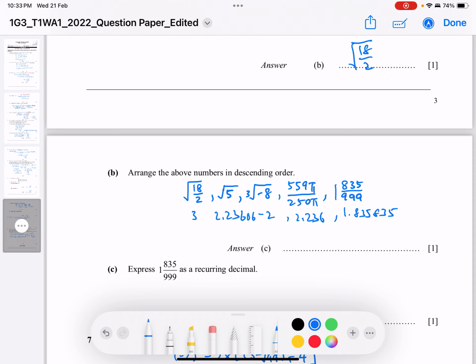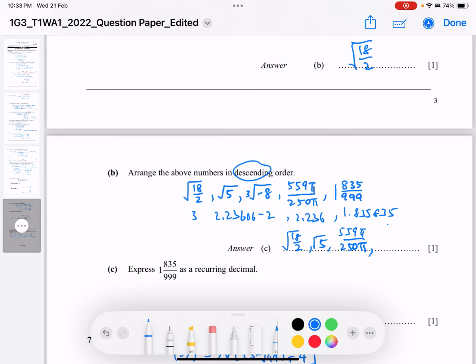So the largest number is root 18 over 2, followed by the next number, root 5. Descending order means the biggest must come first. And then we have 559 pi over 250 pi.